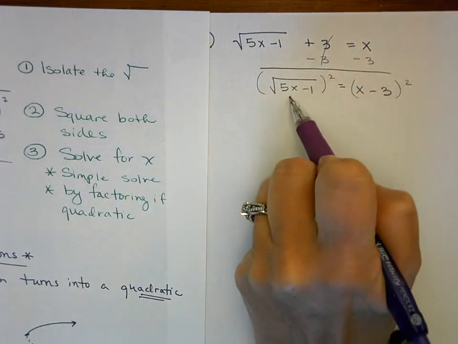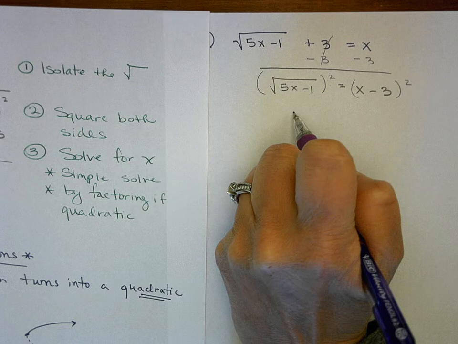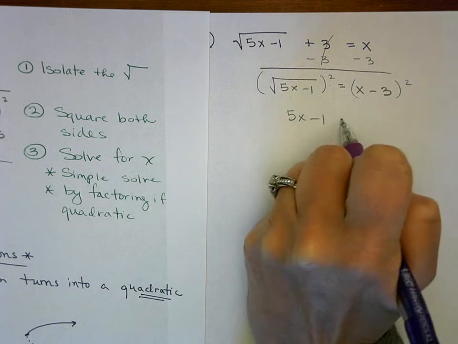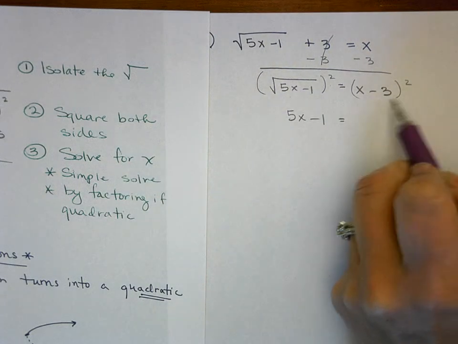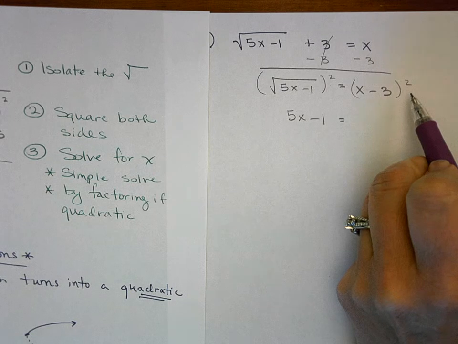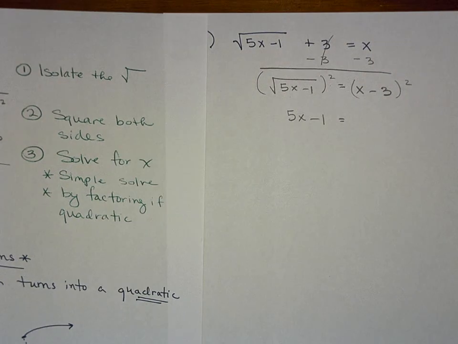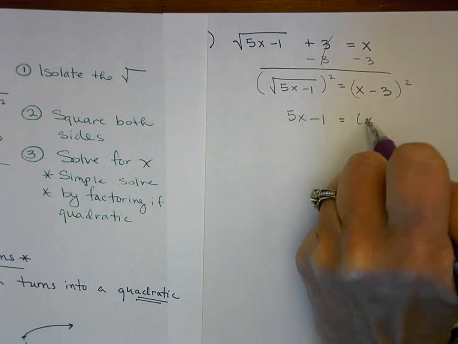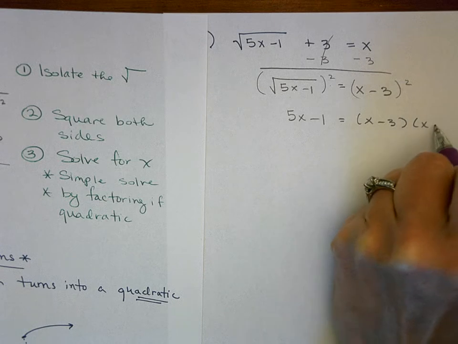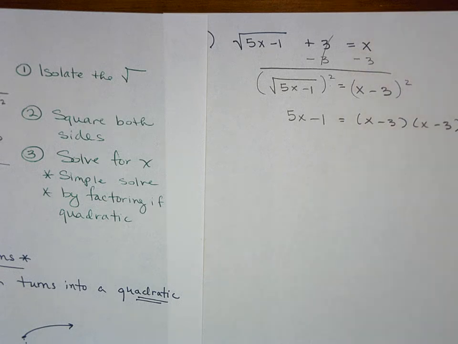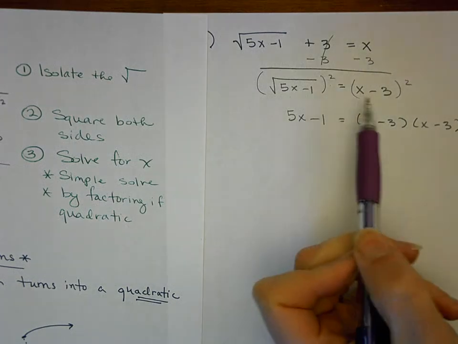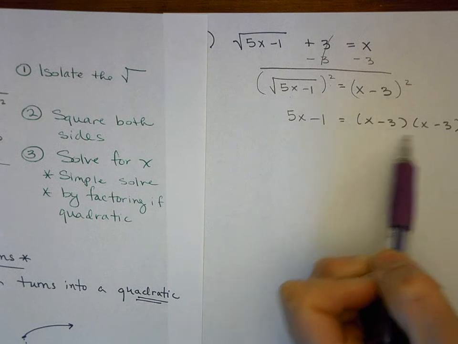The root squared is just 5x minus 1. And now this is squared, so this was key concept number 2 at the very beginning, where we write it twice and then distribute. So x minus 3 squared, we write it twice and then distribute.